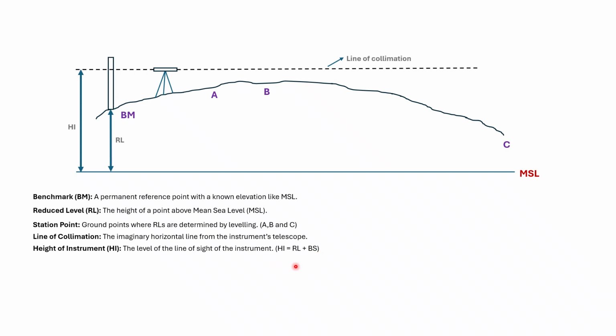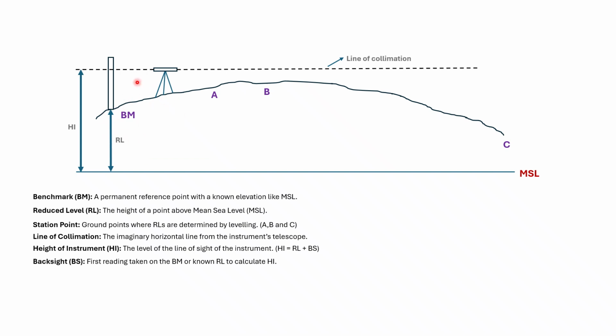So what is the backsight? Let's say we are mounting a level staff at point A. The very first reading taken on the benchmark or a known reduced level to calculate the height of instrument is known as the backsight. So let's say the benchmark reading is given.